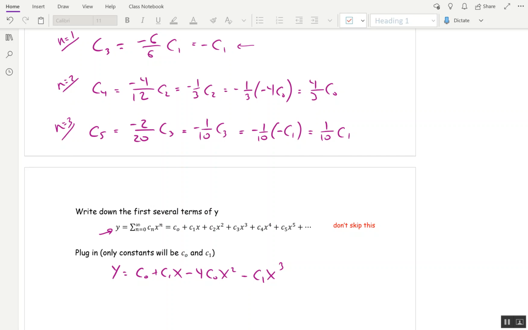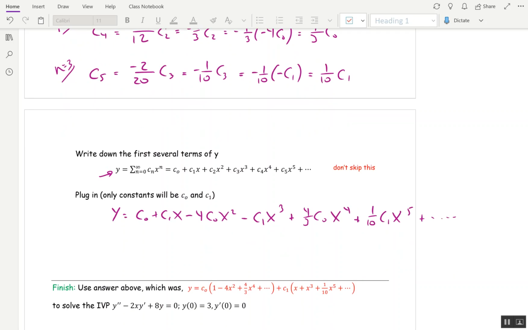All right, now degree 4, I want C4, which is positive 4/3 C0, x to the 4th. And then finally, C5 is 1/10 C1, and that's x to the 5th, dot, dot, dot. Okay, so now I want to write this as my C0 terms and my C1 terms.